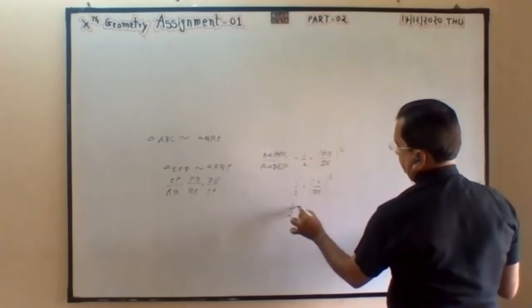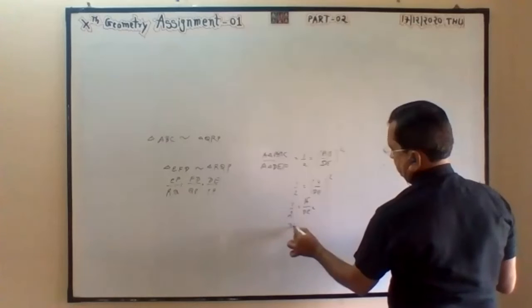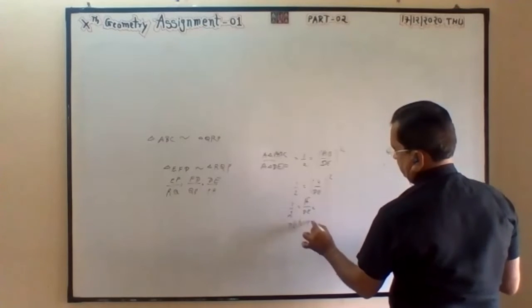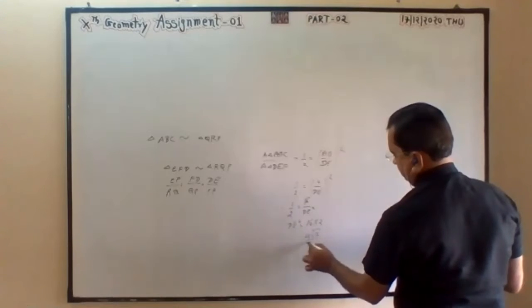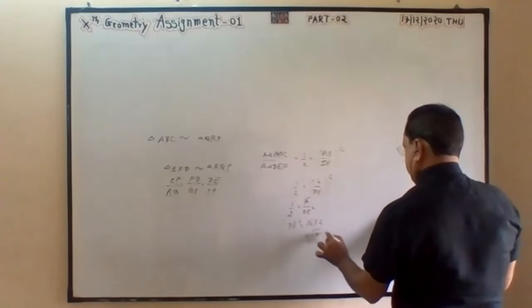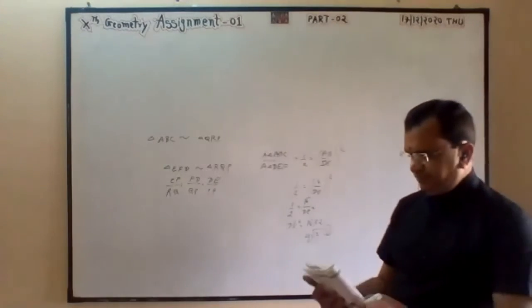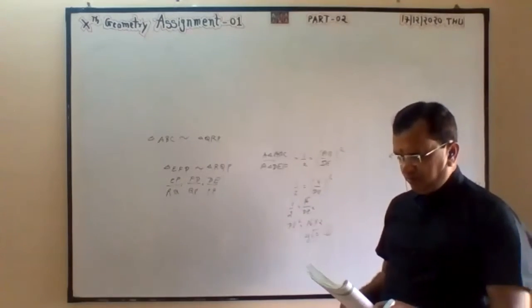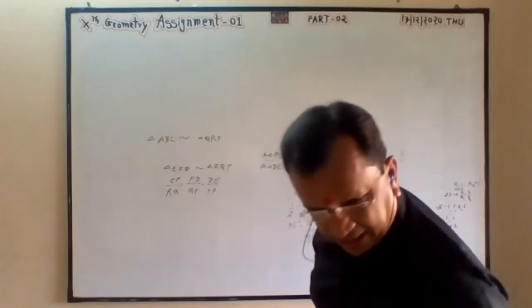So 1 by 2 equals 16 over DE square. So DE square is 16 into 2, so DE is 4 root 2. So that answer is D. Which statements are true, that you are right?